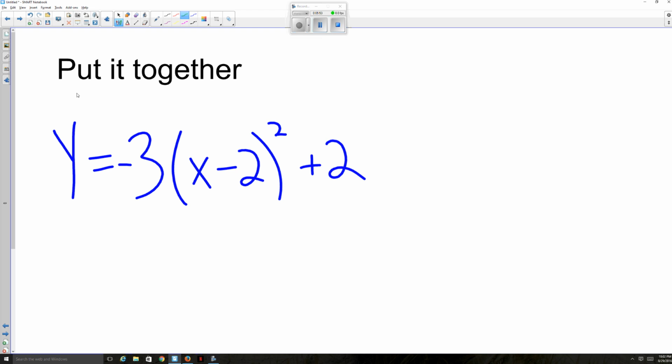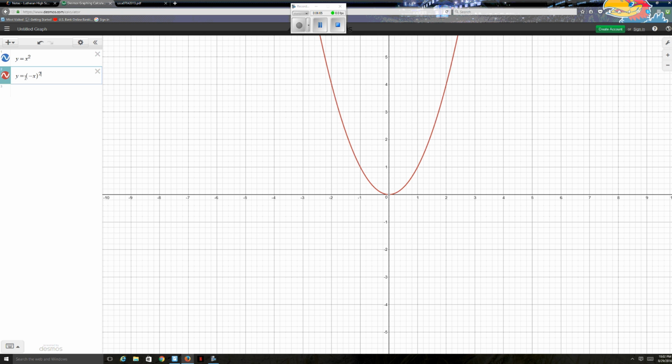But let's put it all together. What happens if I have all of this here? So let's put this all together. We have negative 3 times (x minus 2) quantity squared, plus 2.